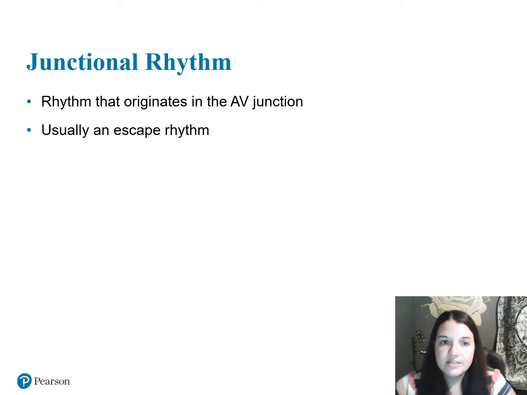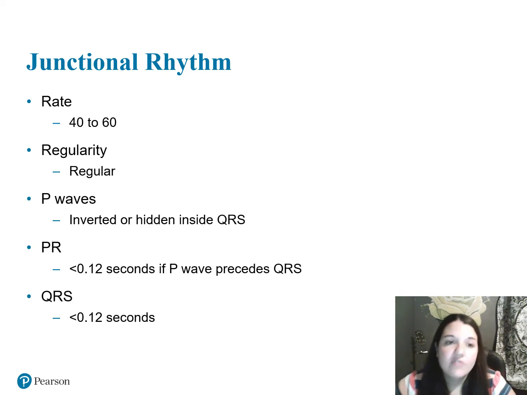Okay, the next rhythm is called your junctional rhythm. The last time we had just the name of the node in front of the rhythm was your sinus rhythm. This one is going to be known as your junctional rhythm, and it's going to originate in the AV node, and it is usually an escape rhythm. The rate for a junctional rhythm, this is going to be your normal junctional rate, right? 40 to 60.